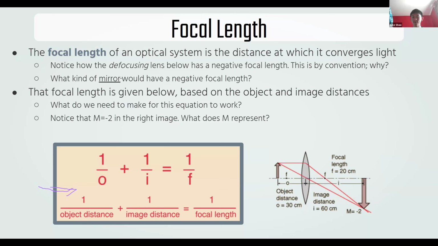Our three variables are the object distance O, the image distance I, and the focal length F. And in this image, M equals -2. So given that you have the image distance, the object distance, and the focal length, how could you find the magnification, which is M?